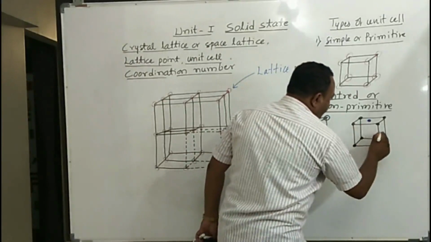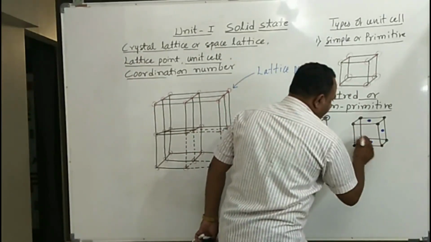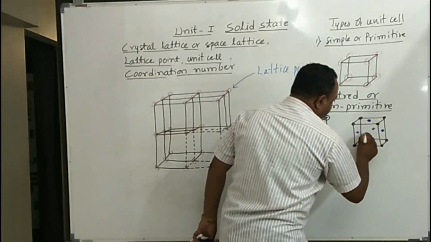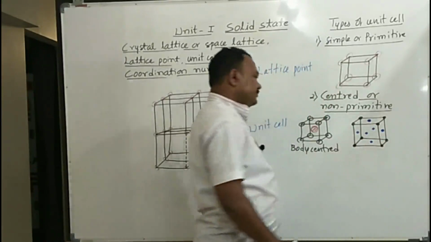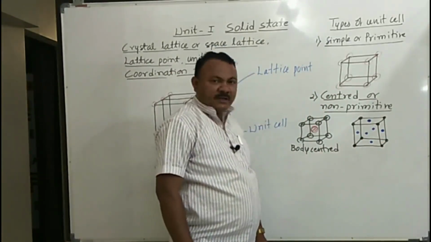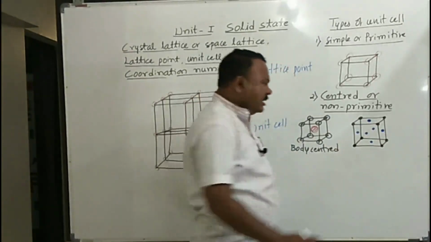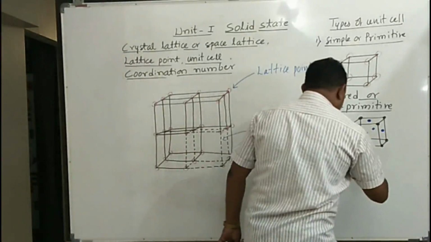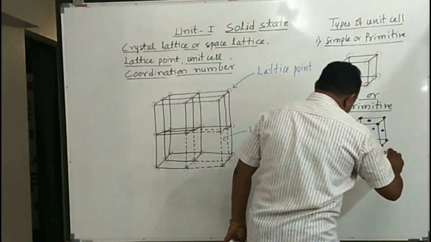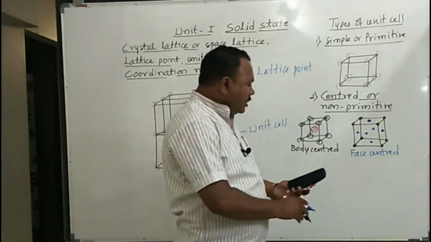Face 1, face 2, face 3, 4, face in the plane of the blackboard and face towards us. So totally we have 6 faces for the unit cell. At the center of each face there is one particle. So based on the particle present at the center of each face, we call the unit cell as face centered unit cell.